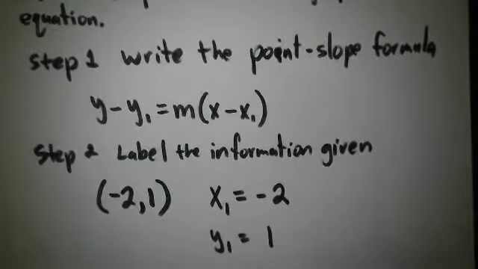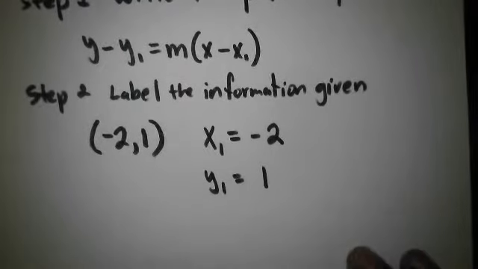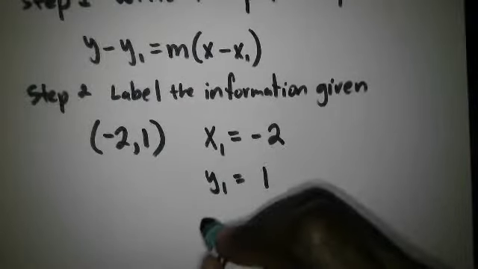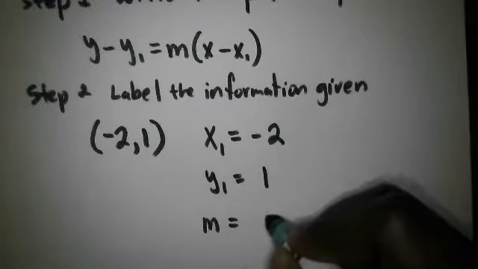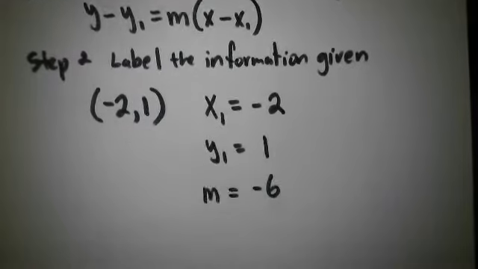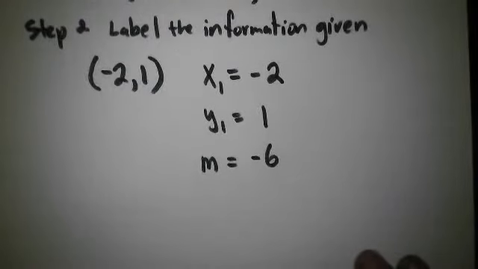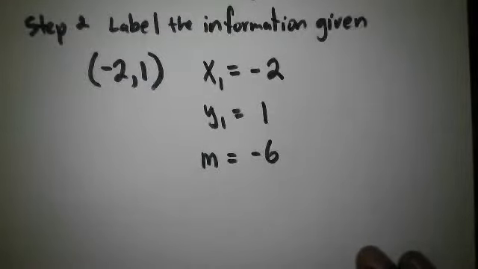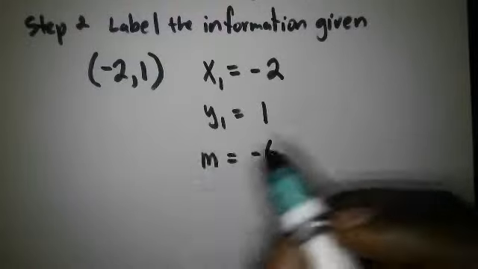They also gave us slope. Slope is -6. So we can put here slope, which means m is equal to -6. Remember I told you guys, keep in mind the negative sign, or the minus sign.